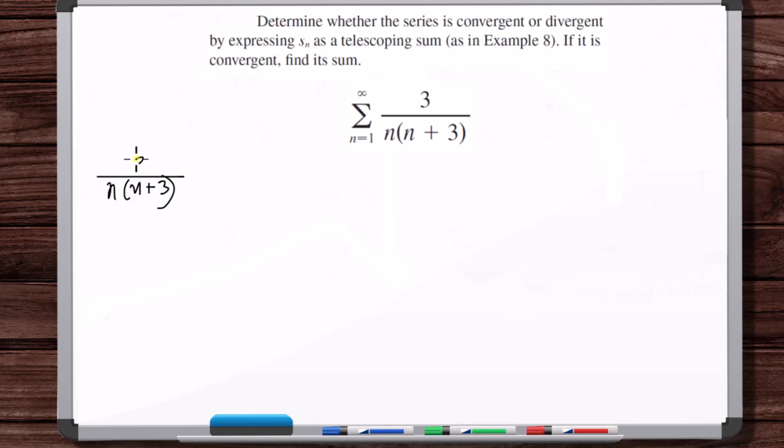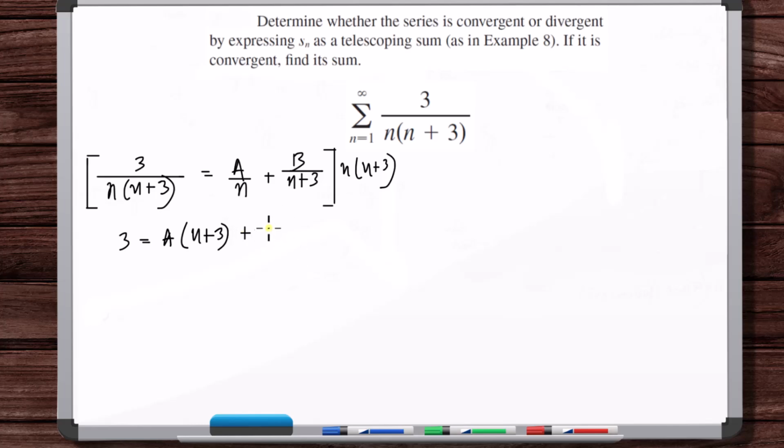Let's separate this up using partial fraction decomposition. So 3 is equal to A times n plus 3 plus Bn. When n is equal to 0, you've got 3A is equal to 3, A is equal to 1.